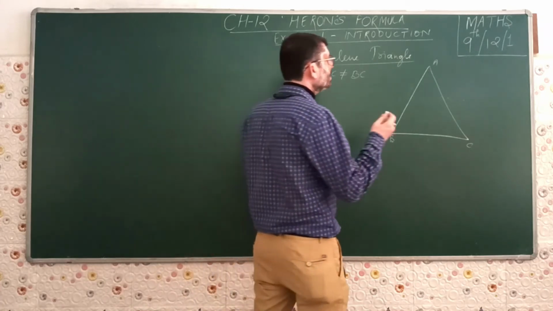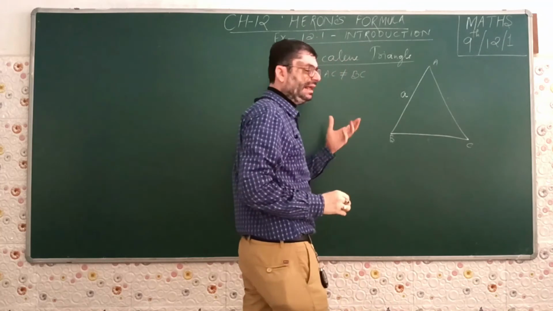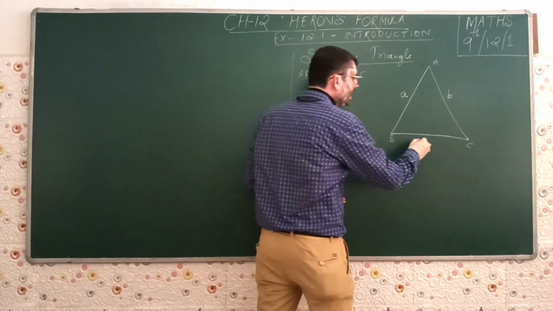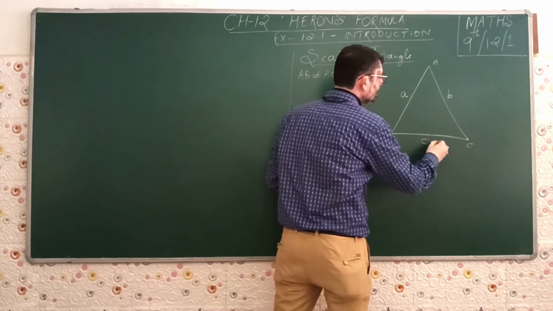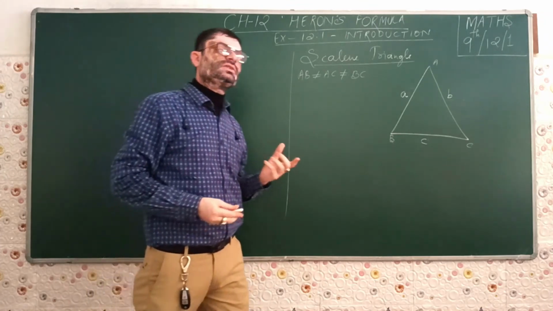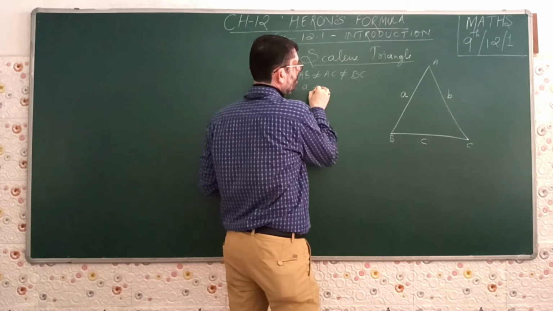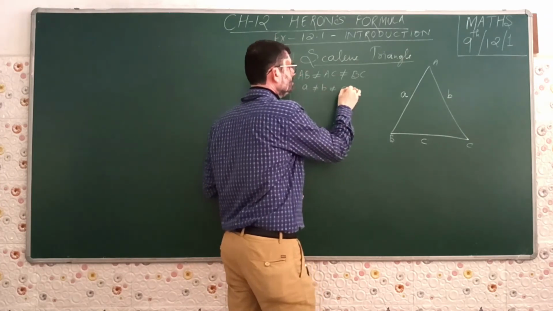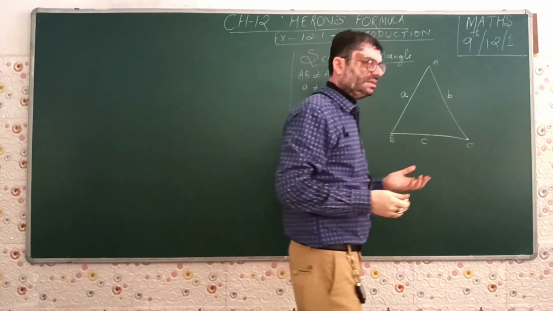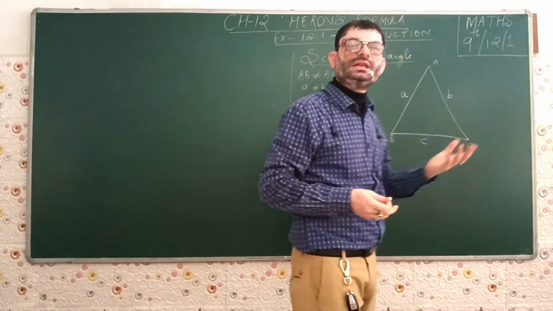Let us say this side the value is A, this side the value is B, you can take any values, and the third side as C. A, B, and C are the three sides of the triangle, and A is not equal to B, and it is not equal to C. If A is equal to B, then it becomes an isosceles triangle. If all the three are equal, it becomes an equilateral triangle.